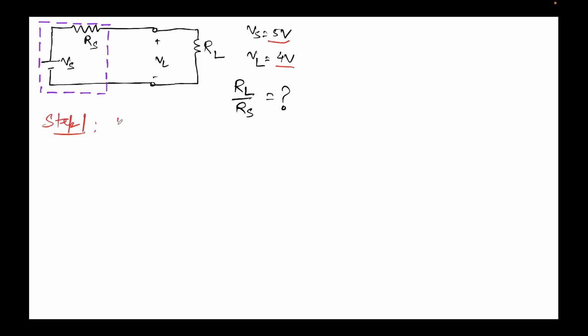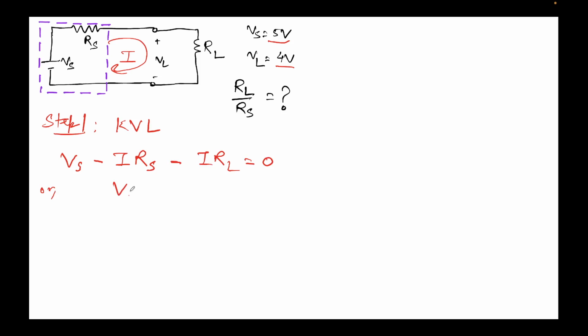let's apply Kirchhoff's voltage law in the loop given, and we'll assume that a current I is flowing throughout the loop. Writing KVL, I can say that Vs minus I Rs minus I RL equal to 0.